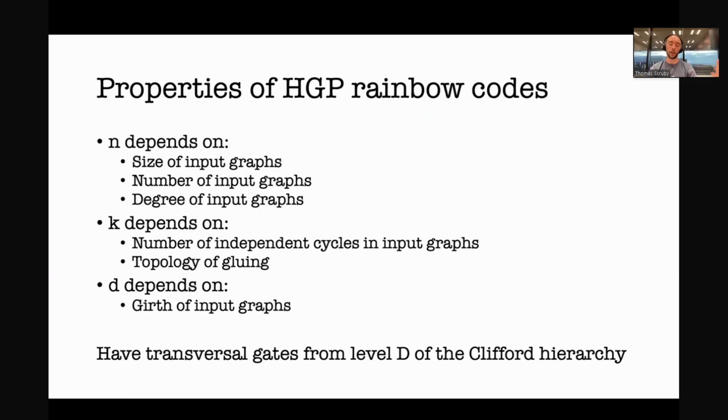The more original color codes I started with, because every original one comes from some set of original cycles, the more logical qubits I end up with, and also how I glue these. Maybe I could glue them in a way that makes some new handles, which would then increase the number of encoded qubits. So the topology also matters. And then the distance is going to depend on the size of these cycles that I started with.